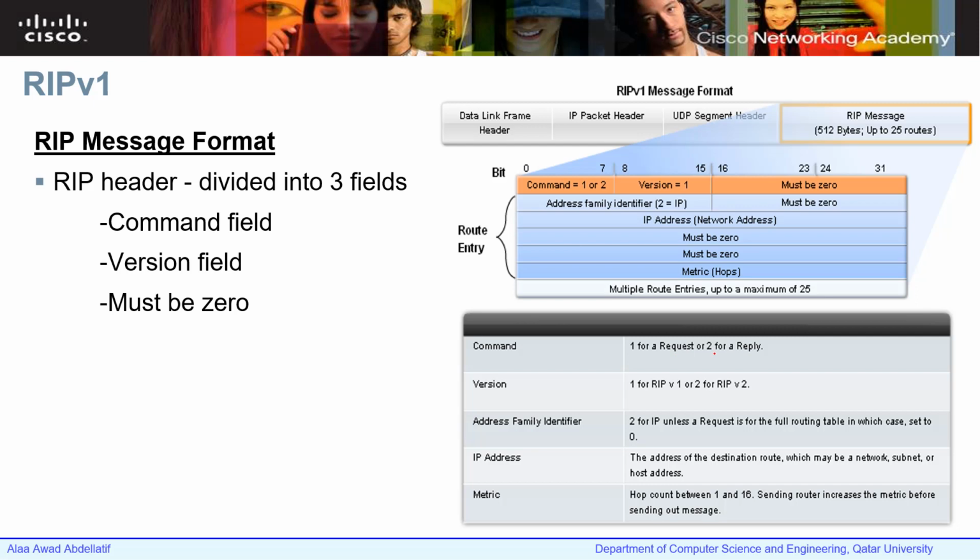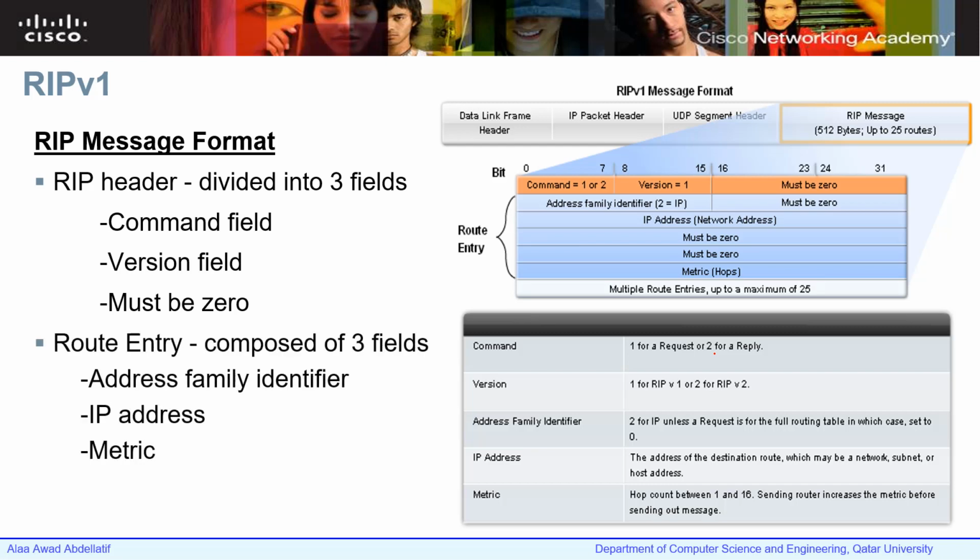If it's 2, it means that I reply to a request, because some router may send a request. I may need to know the distance or the hop count to a specific route, or I need to collect information from different routers. So I will put command 1, which means a request message. If the command is 2, it means it's a reply message.